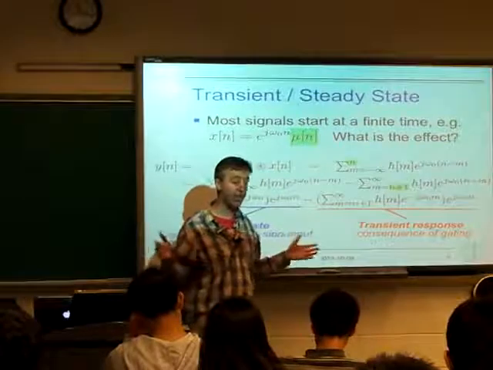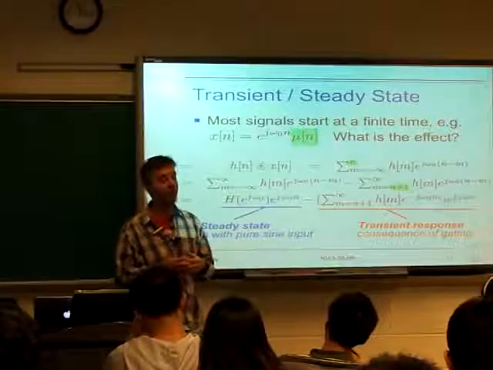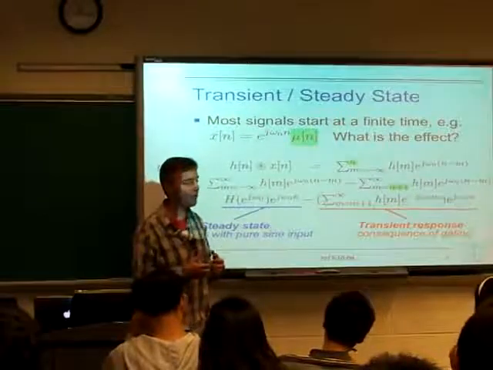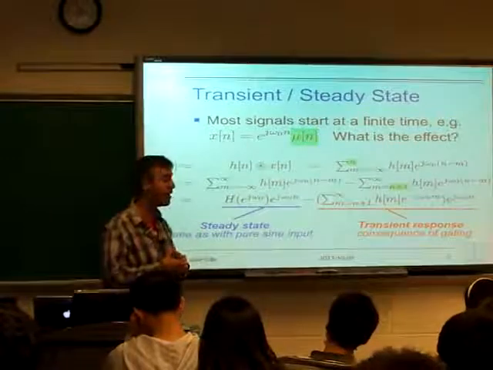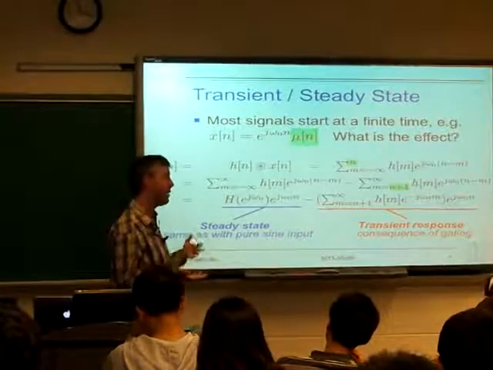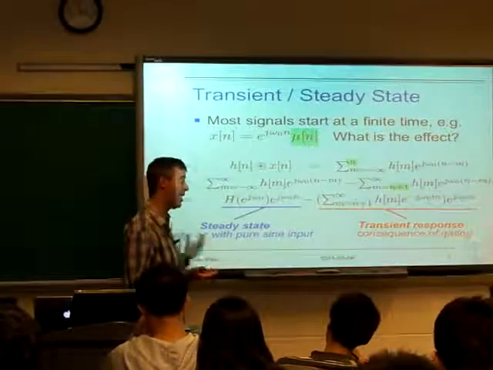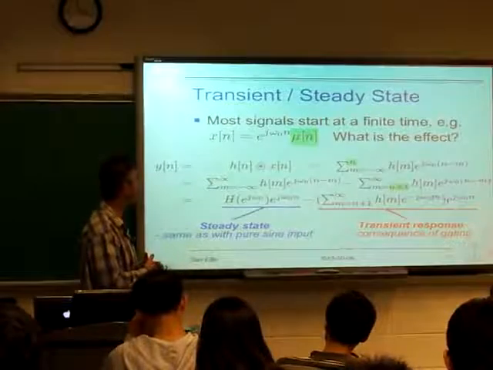These are infinite duration sinusoids, which is again something that we don't encounter. We're never around for long enough to know if our sinusoid is going to exist forever. So, in particular, it means it has to have existed from the beginning of time, from n equal negative infinity.